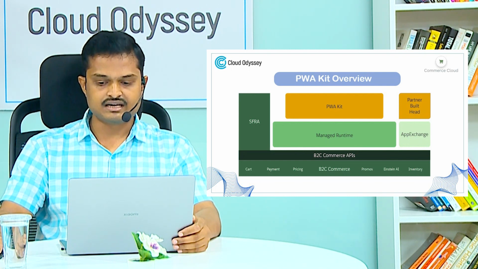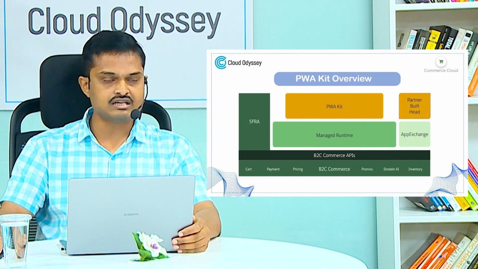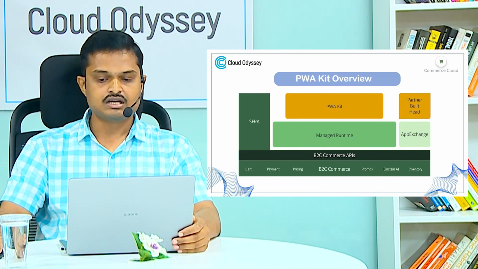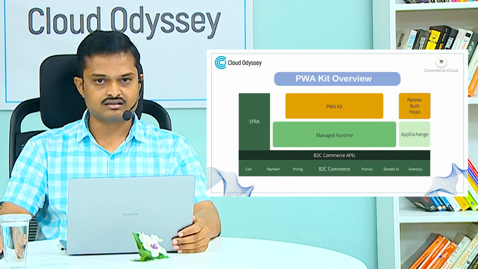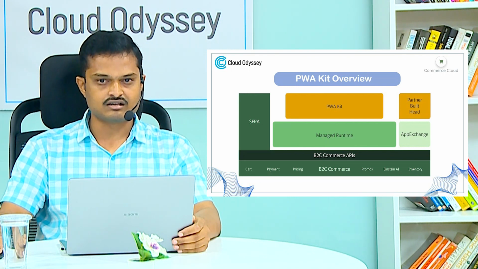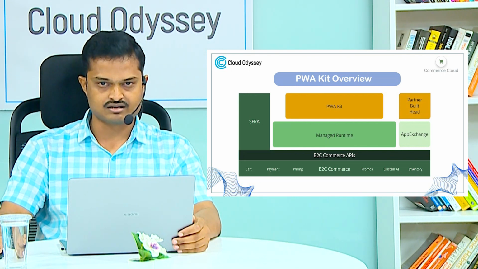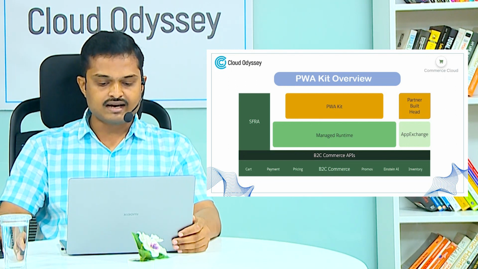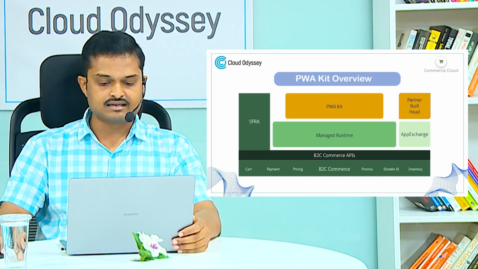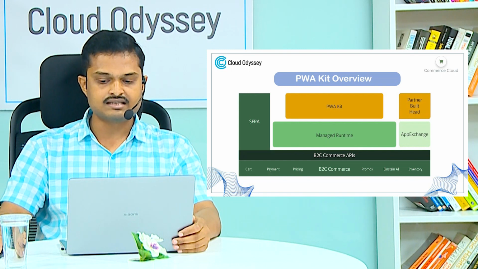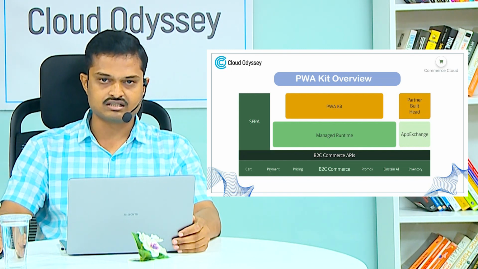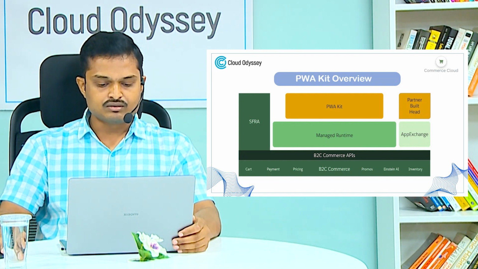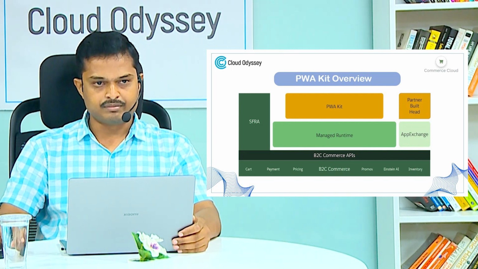The front end can be in any technology, in any front-end framework. It can be in React, it can be in Flutter, any front-end technology that the merchant or the developer is comfortable with. And the B2C Commerce APIs will supply the data that is required for the head, which is nothing but the front end. Now, for example, let us take the home page.